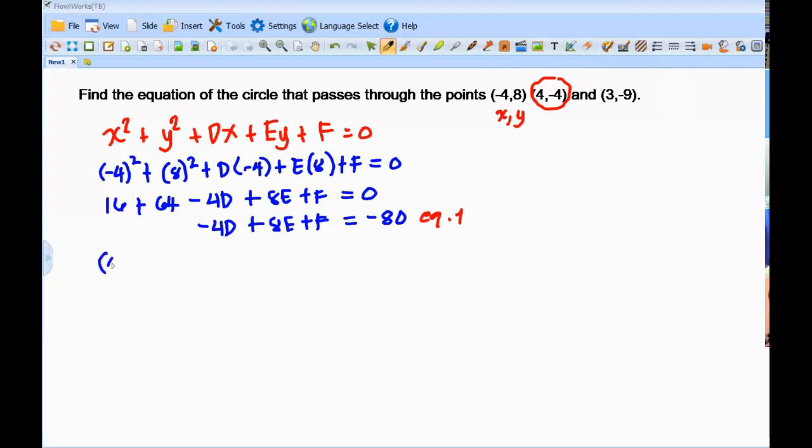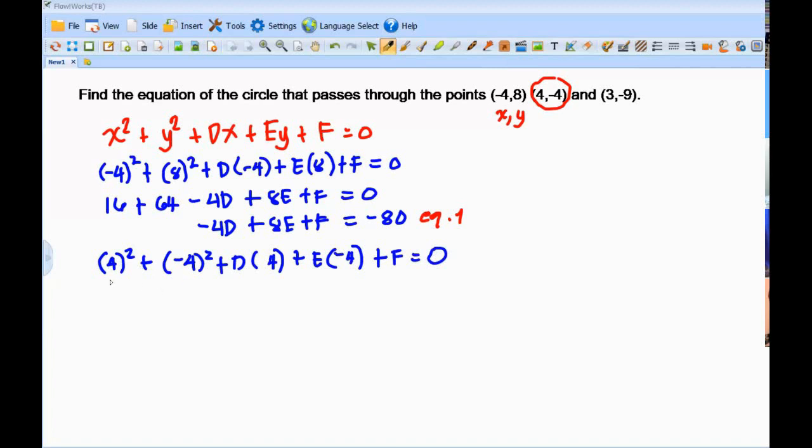So 4 squared plus (-4) squared plus d times 4 plus e times -4 plus f is equal to 0.